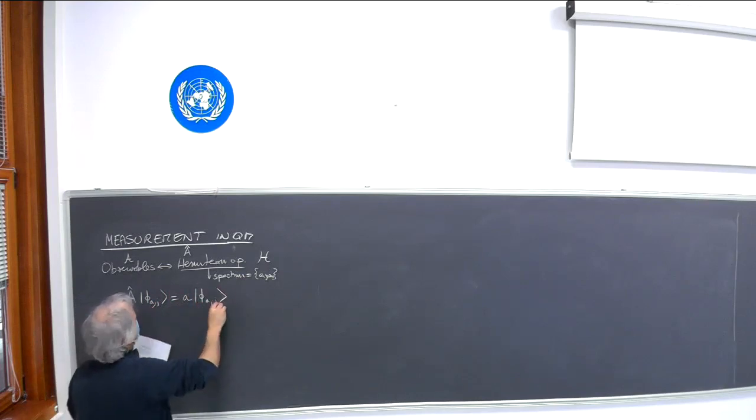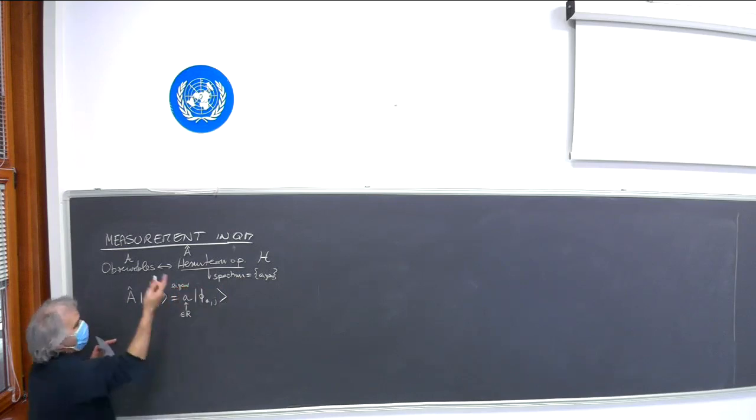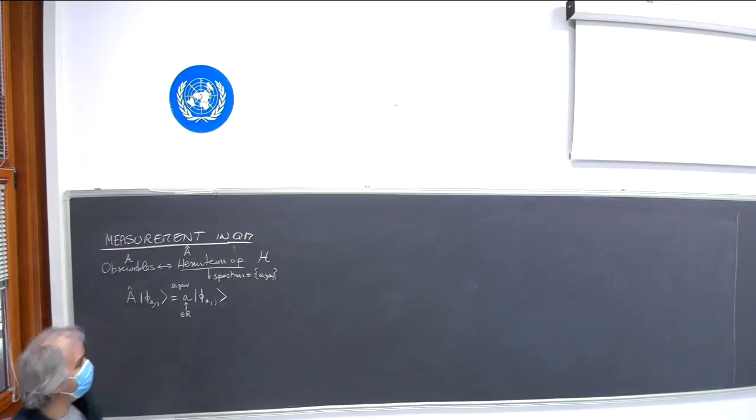Let me specify the notation. I call a, little a, real, the eigenvalue. This is one of the eigenvalues of the operator A.